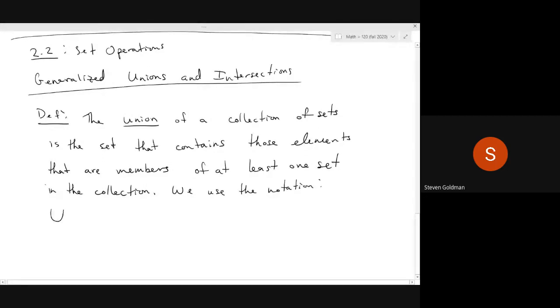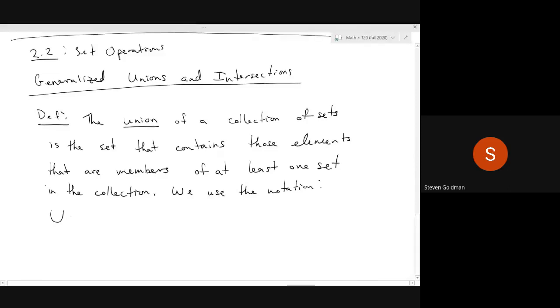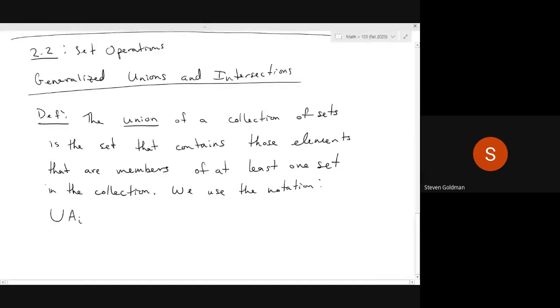We use a big union symbol, and we write the union of a sub i from i equals 1 to n. For those familiar with summation notation, it's a little similar to summation notation. So this is the union of a sub i from i equals 1 to n. What does that mean?